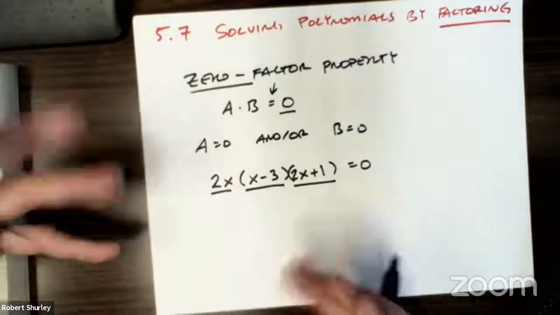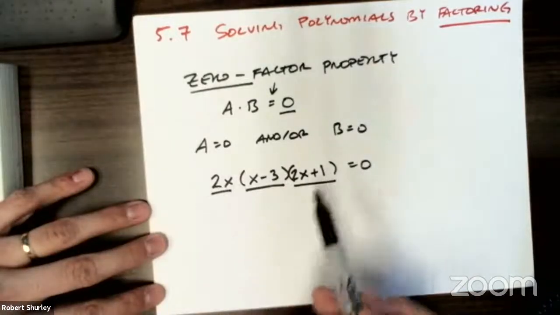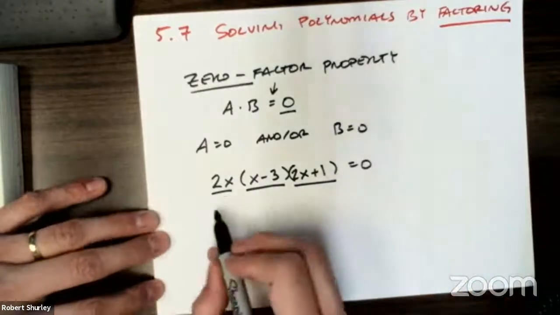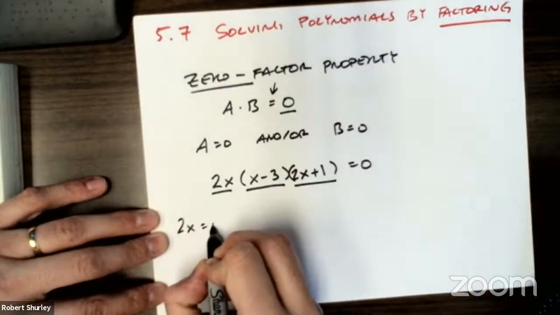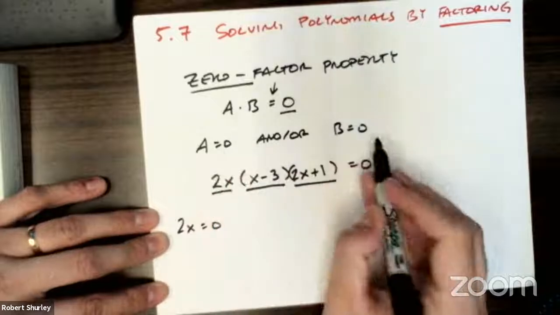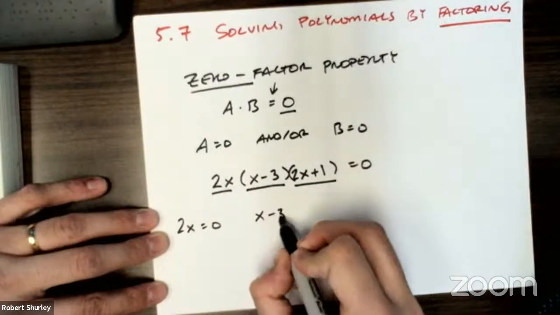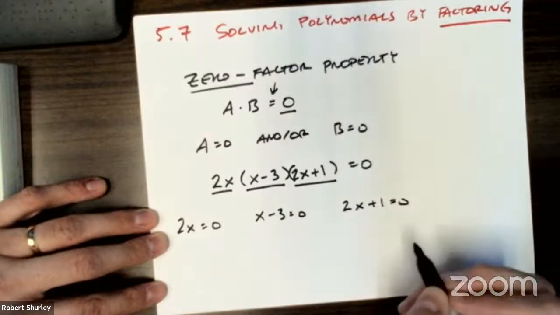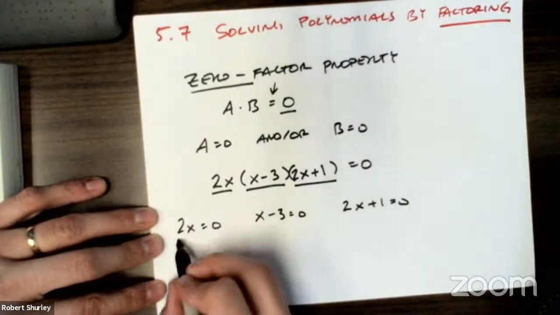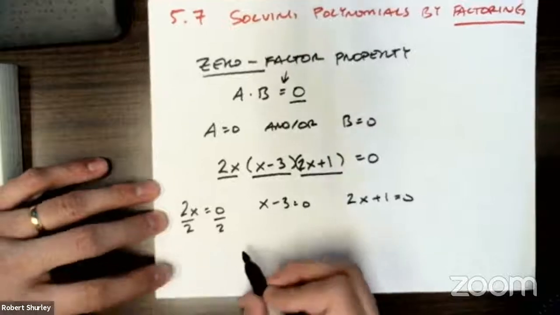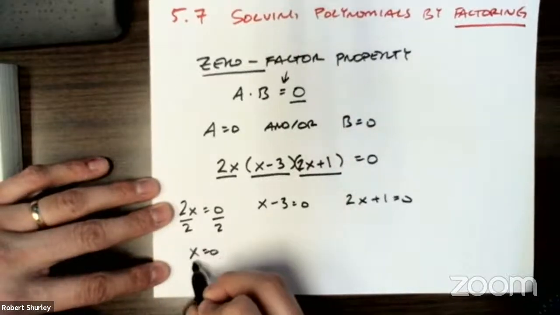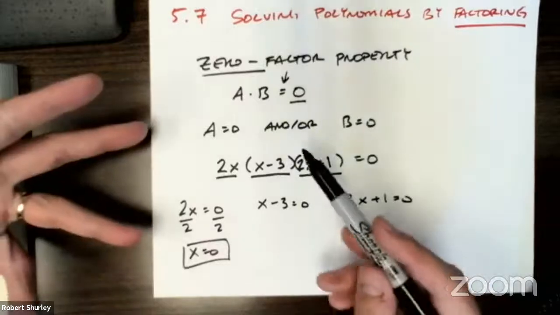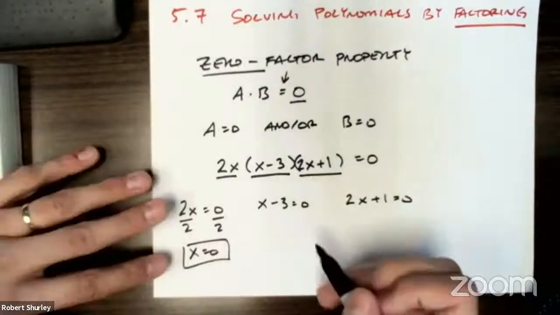So that's what we're finding: what makes 0 in each factor, so when you multiply them, it equals 0. I'm going to set each one of these equal to 0. That's what the property says. And then I'm going to solve it out. If 2x equals 0, divide by 2, we get x equals 0. That's one of our solutions. We have an equation, so we're finding solutions now.